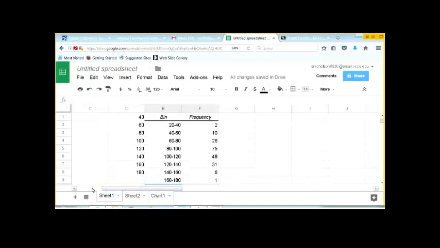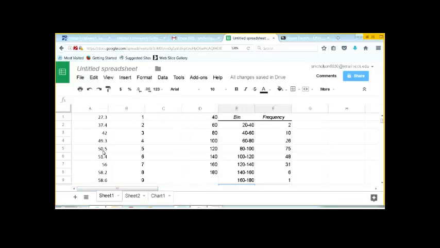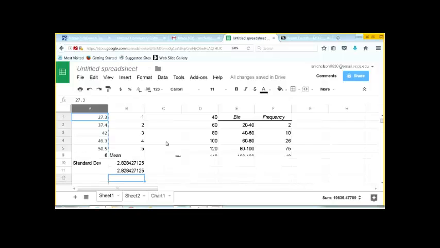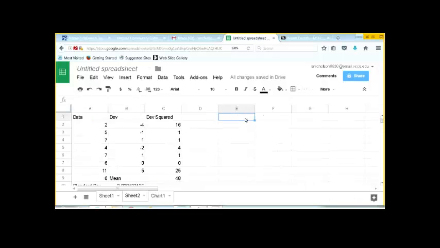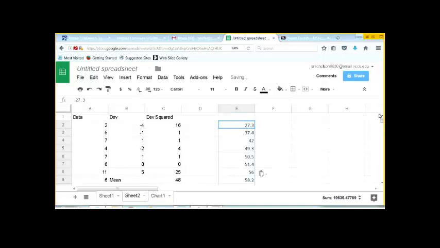If I go back to this, just to show you how easy it is to do, I'm just going to do this and show you. I could probably do it in about a minute. So let's copy my data over here. So there's my 200 data points.